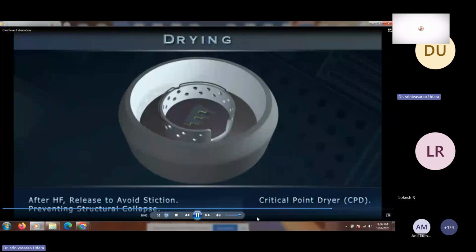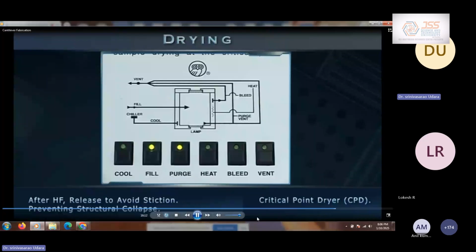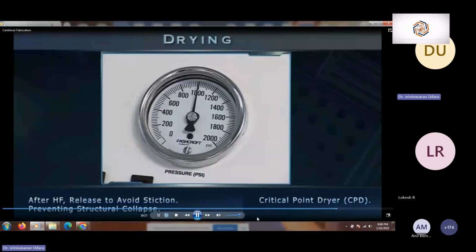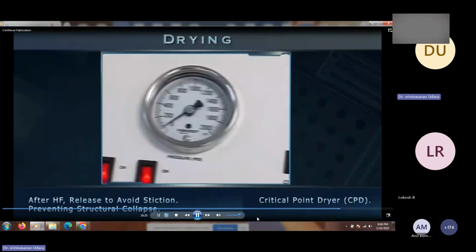As the drying process advances, LED displays indicate its various stages. During fill cycle, liquid carbon dioxide enters, and during heating, the critical condition is reached. After venting, samples are unloaded.